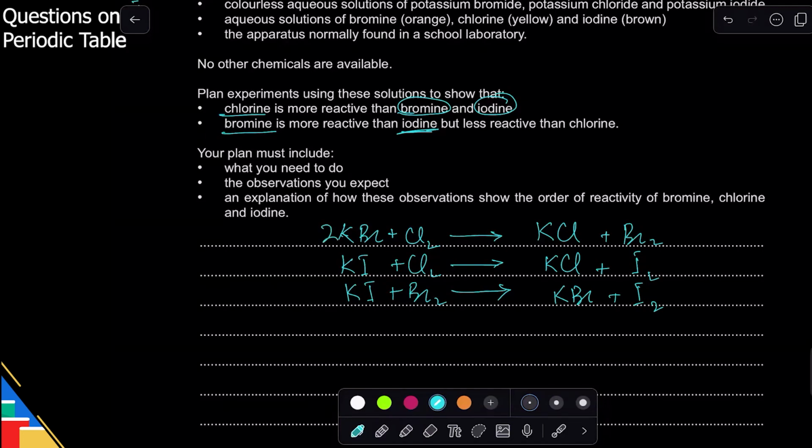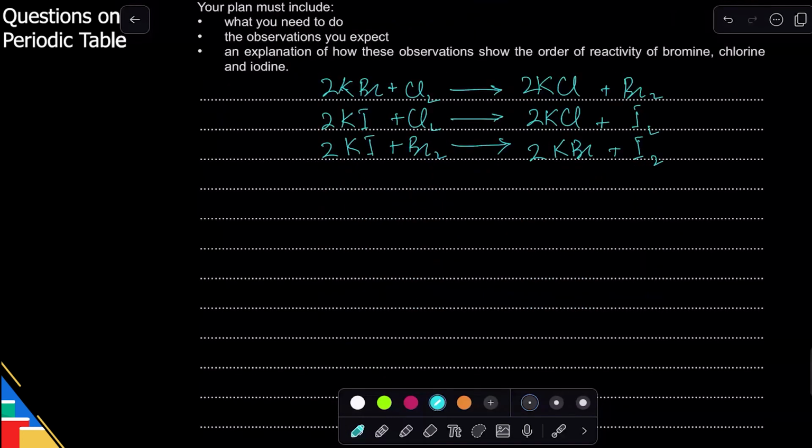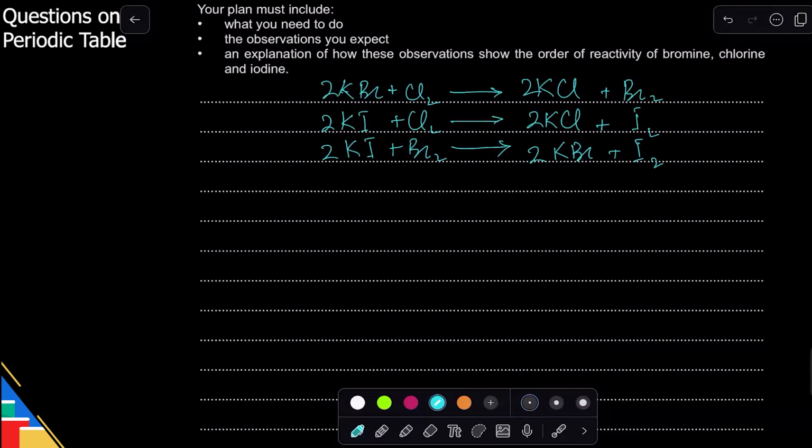So I'll balance this for you. But here's the thing, what did the examiner ask you for? What you need to do, the observations, which is the color changes, and explanation of how these show the order of reactivity. So I will write them one by one. I will say add chlorine to KBr, which shows an orange color.